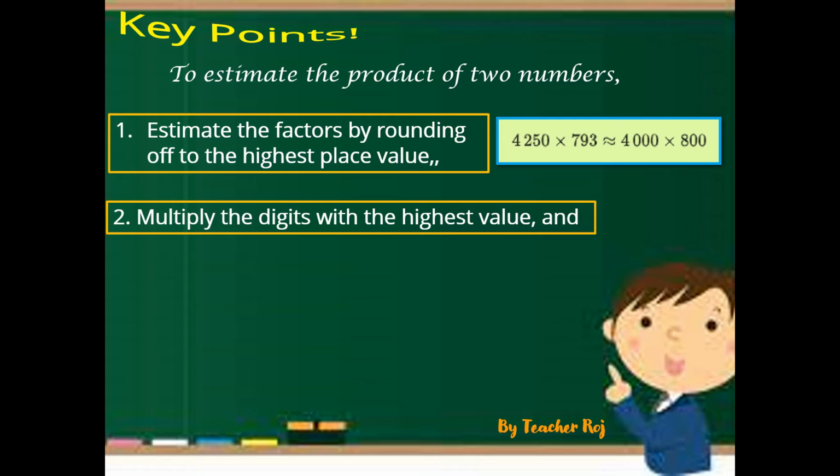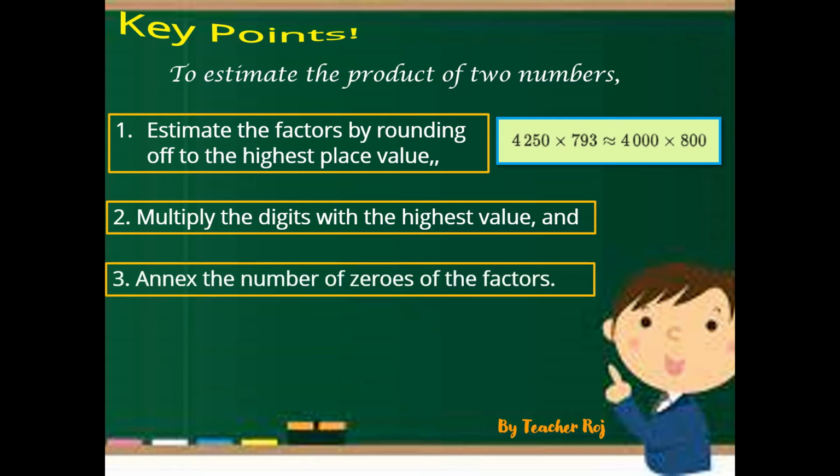Okay? So, kapag may 32 ka na, anong gagawin mo? Annex daw the number of zeros to the factors. So, you have 32. Ilang zeros mayroon sa 4,000? 3. Ilang zeros mayroon sa 800? 2. Okay, 3 plus 2, 5.